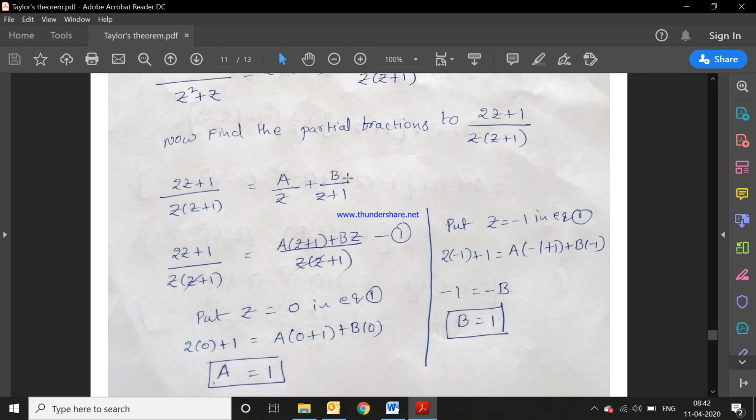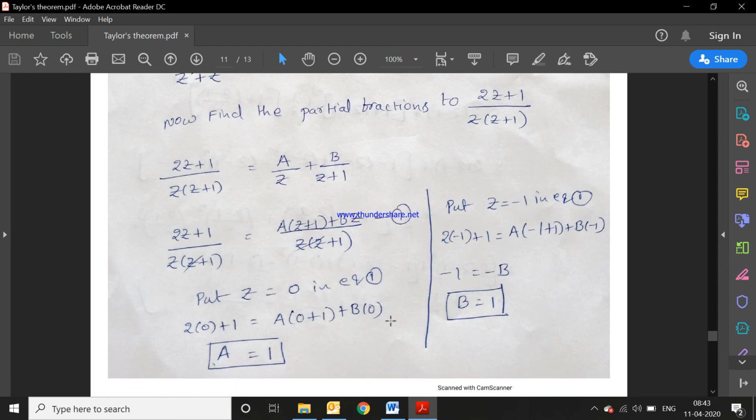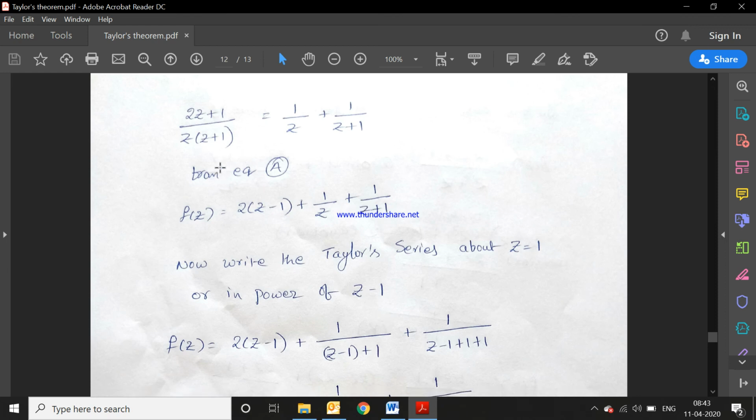A value is 1, B value is 1. This is the general procedure for finding the partial fractions: put z is equal to 0, the B factor becomes completely 0, and A into 1 is also 1. So now we can write the partial fractions for (2z plus 1) by z into (z plus 1) as 1 by z plus 1 by (z plus 1).